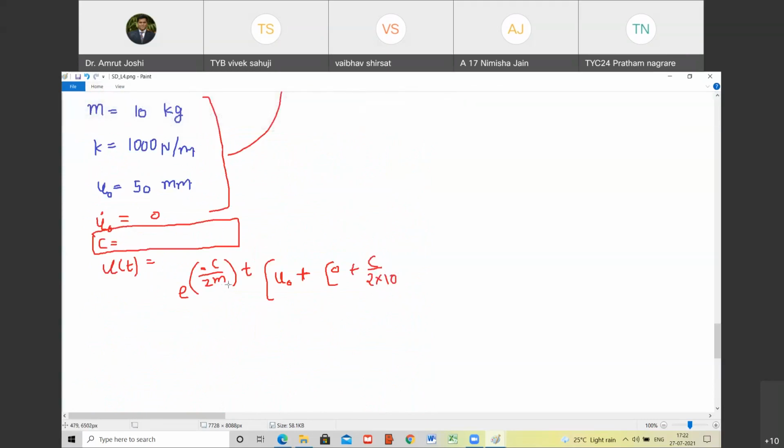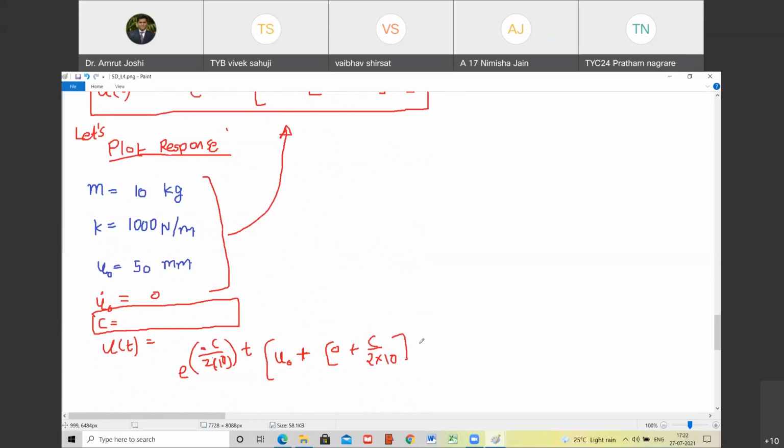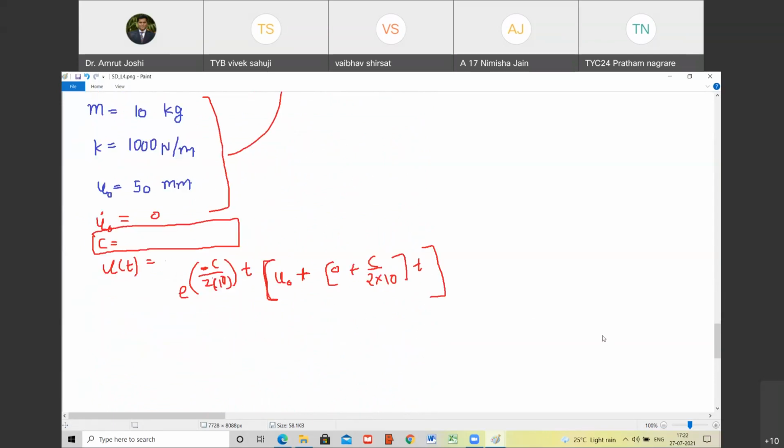So here also I should substitute m equal to 10. Are you with me?